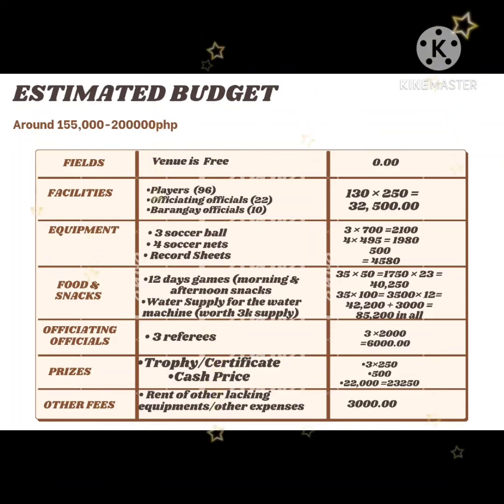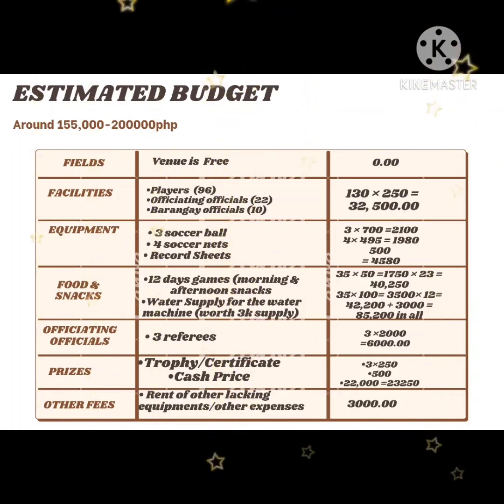So there are 12 days of snacks. So the morning and the afternoon from August 9 to August 20. So there are 23 games. Then 35 people. So these are the officiating officials and also the volunteers. So the 20 pesos is for the soft drinks or the liquid.